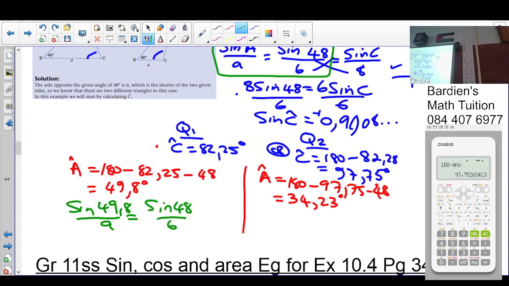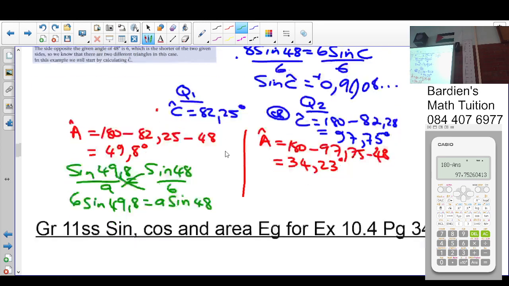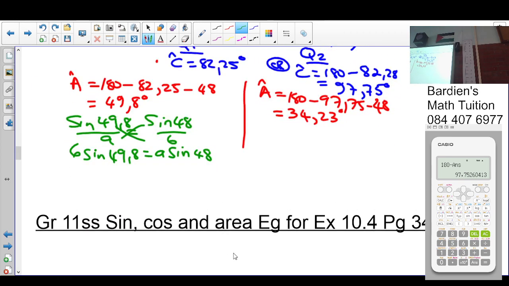So what do I do? Cross multiply again: 6 sine 49.8 is equal to a sine 48. Do you follow? Now divide by sine 48 on both sides, so it cancels. So a is equal to 6.26.